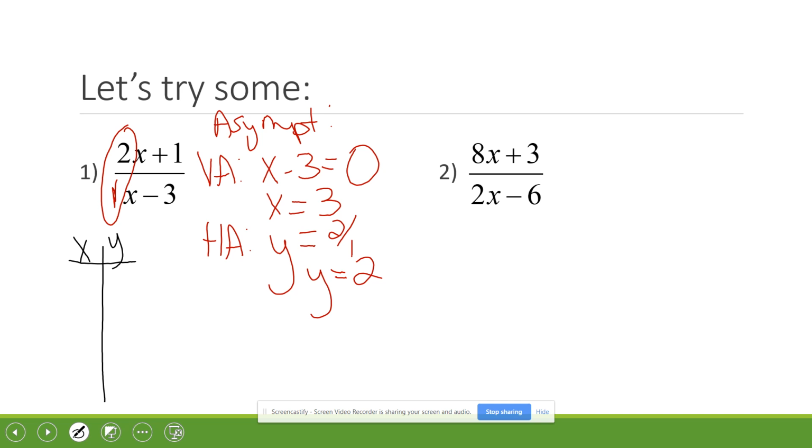My xy table is going to be broken at x is equal to 3. So we need 3 values less than 3 and 3 values more than 3. I'm going to go 0, 1, 2, and 4, 5, and 6. Now remember, when you're plugging that into the equation, you plug it in for both x's.